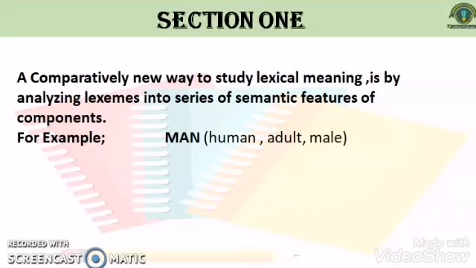A man is a male, he belongs to human beings, and he is also adult, or we can say mature. This approach was originally devised by anthropologists as a means of comparing vocabulary from different cultures, and has been developed by semanticists as a general framework for the analysis of meaning.